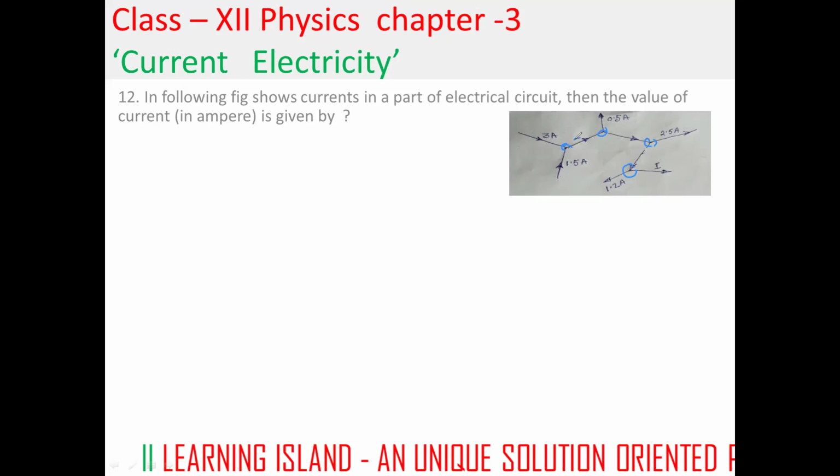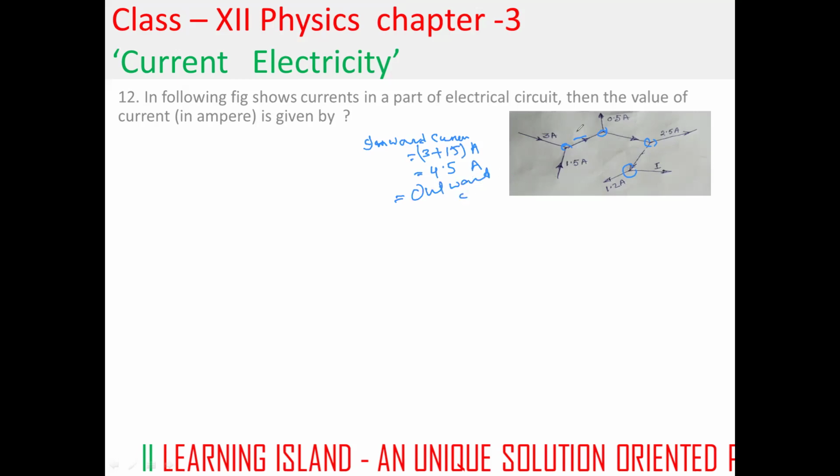So inward current here equal to 3 plus 1.5 ampere. So it will be 4.5 ampere. That will be equal to outward current.